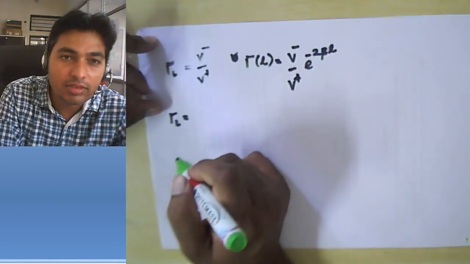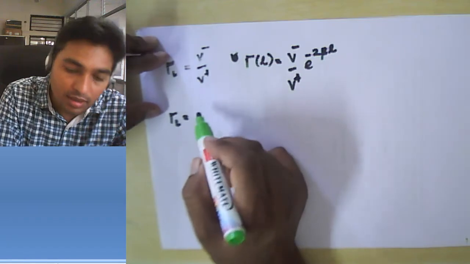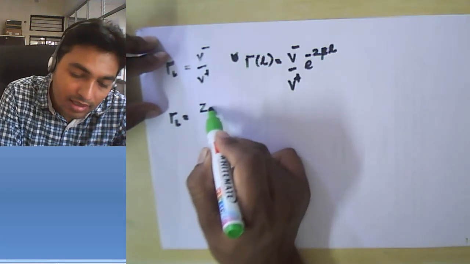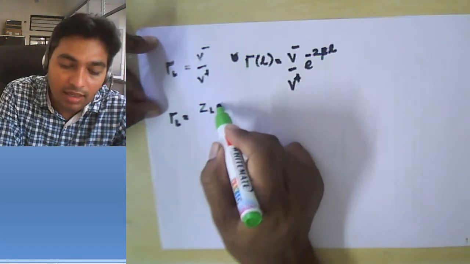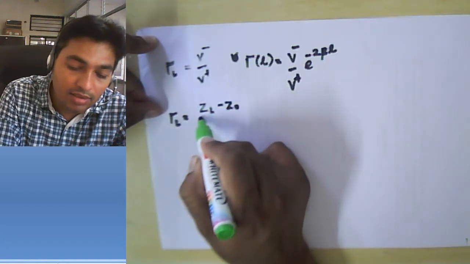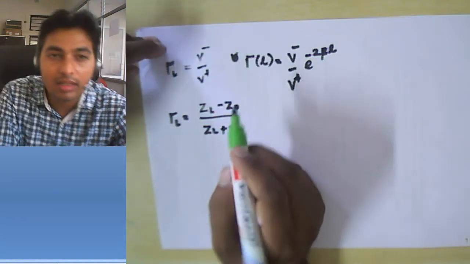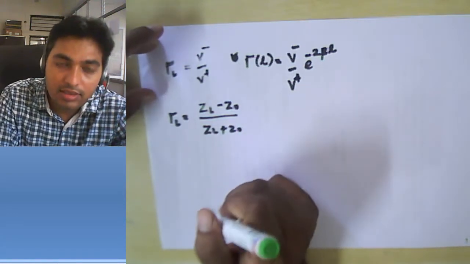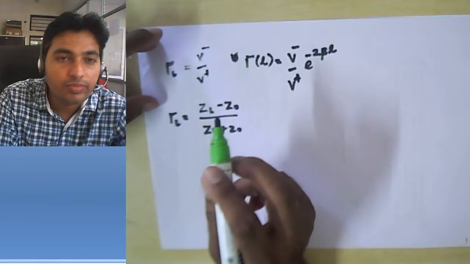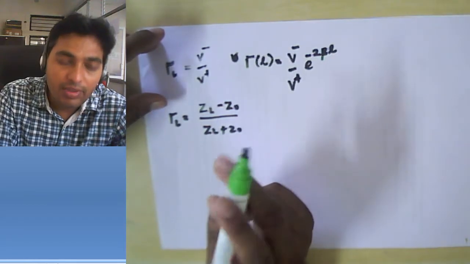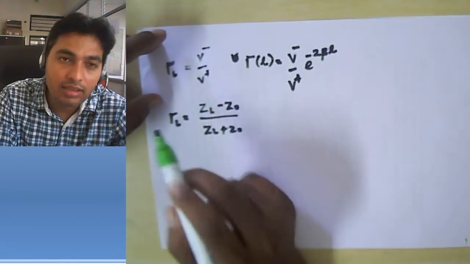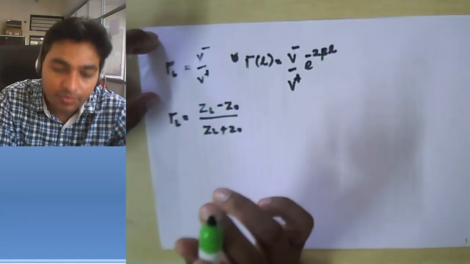If we want to define the reflection coefficient in terms of impedance, then we define it in terms of the load impedance, that is ZL minus Z0 divided by ZL plus Z0, and we have seen three conditions. In the first condition, ZL is equal to Z0, that corresponds to a perfect match, and the reflection coefficient will be equal to 0.